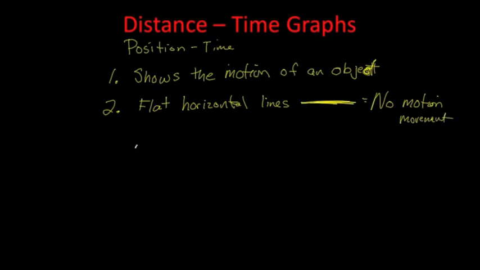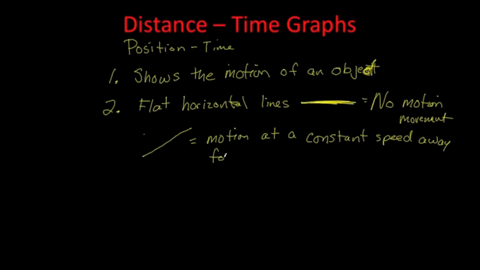You'll also see steep straight lines. You might see lines that are diagonal and straight. Diagonal lines indicate motion at a constant speed away from where the object started.